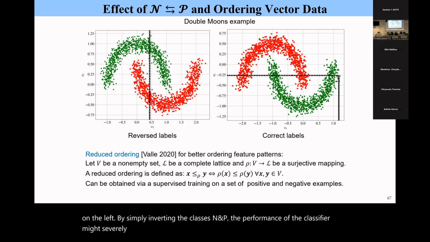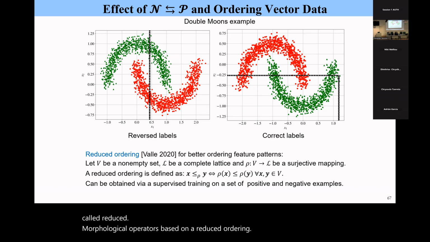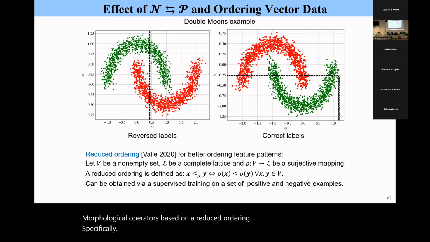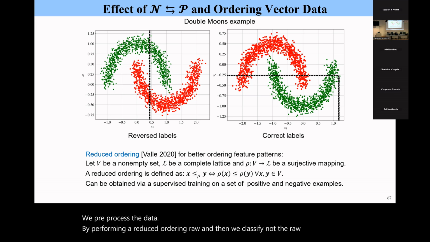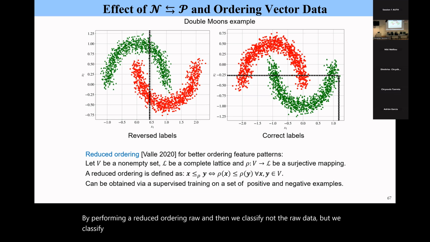One way to bypass this difficulty is to use the so-called reduced morphological operators based on a reduced ordering. Specifically, we pre-process the data by performing a reduced ordering, and then we classify, not the raw data, but the reduced order data.